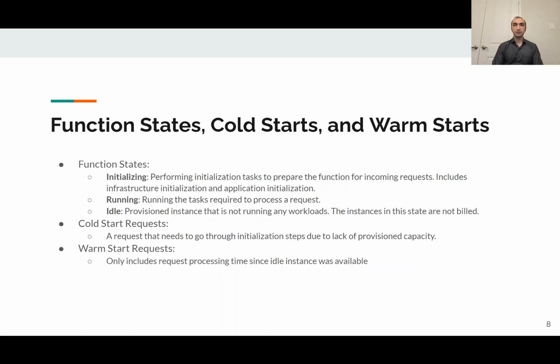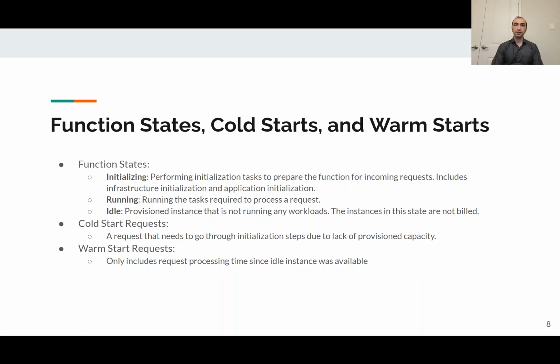Then, when the instance is ready, it starts processing a new request, and it goes to the running state, and when it is done processing, it will be in the idle state, which is when we have provisioned capacity for future requests.